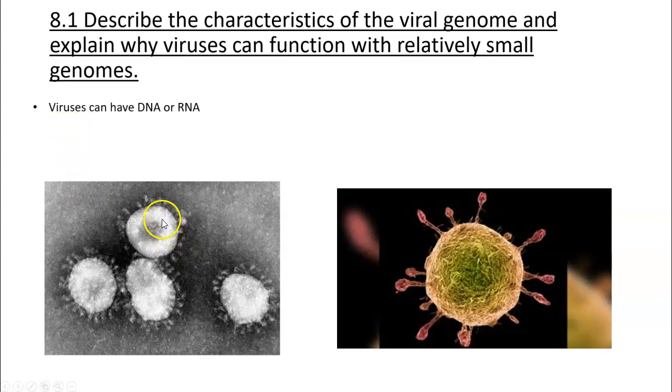And we said all viruses have some kind of nucleic acid. They have some kind of chemical that contains the instructions on how to make the virus. All eukaryotic cells have DNA. All bacteria have DNA. But viruses can have DNA or RNA. It has one or the other.